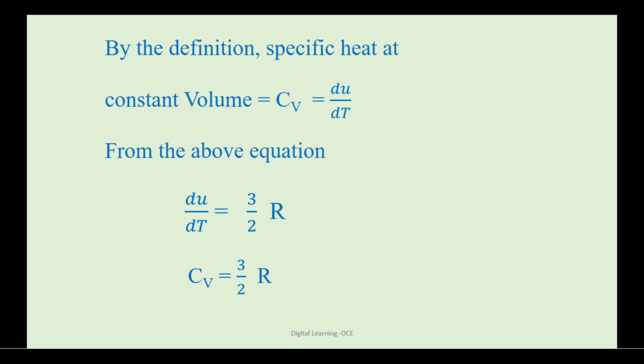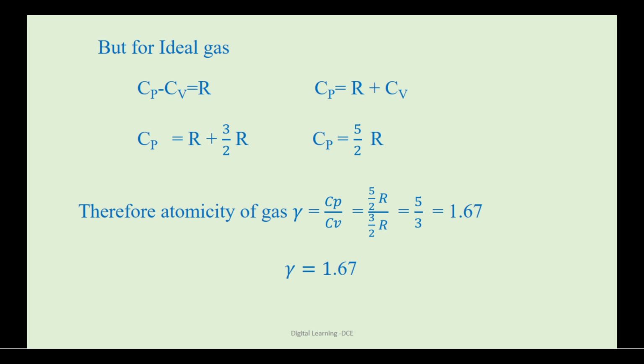Then next, from Mayer's equation for ideal gas, we have Cp minus Cv is equal to R. On substituting the value of Cv in this equation, we get Cp is equal to 5 by 2 R. Then again, by taking the ratio of Cp to Cv, that is specific heat capacity at constant pressure to the specific heat capacity at constant volume, we get 5 by 3.